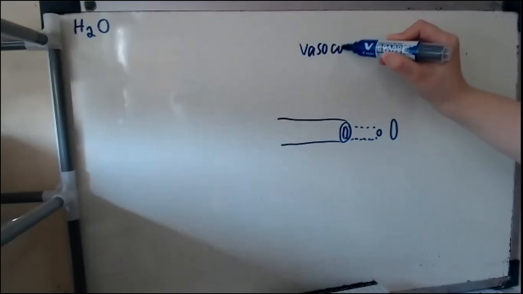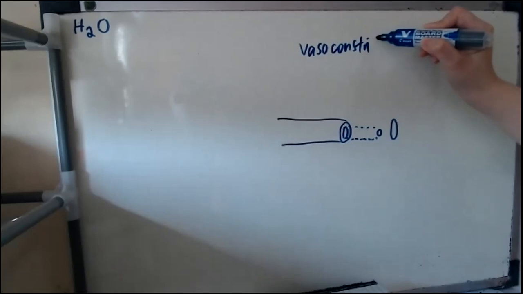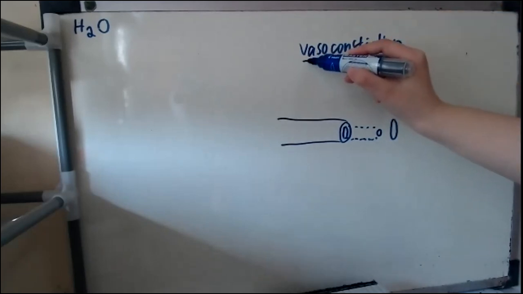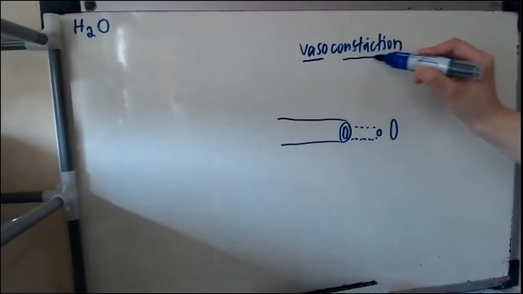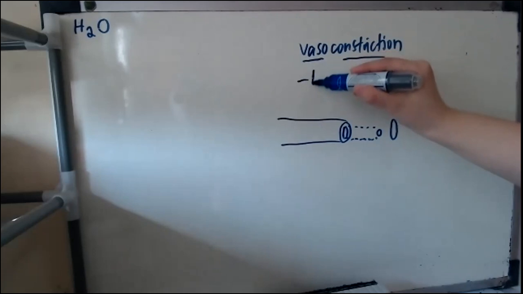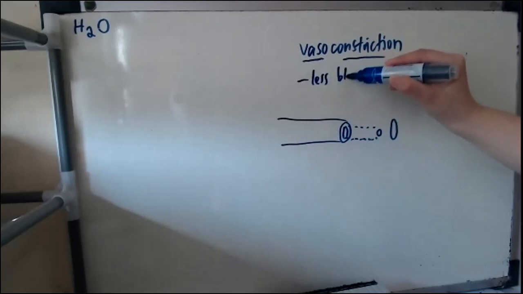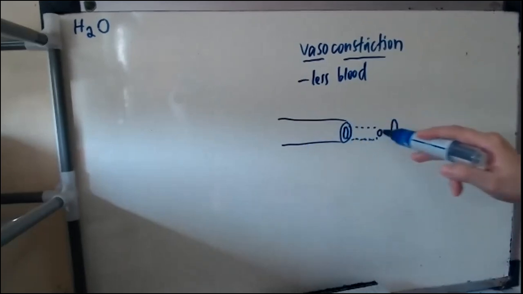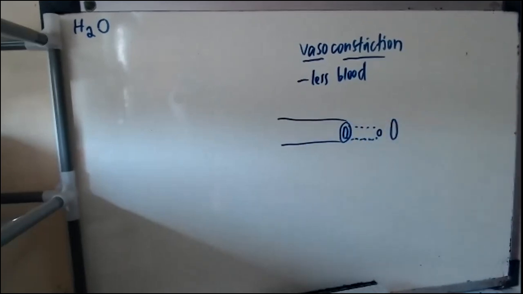So in other words, vasoconstriction. In vasoconstriction, vaso here means the blood vessels. The blood vessel constricts. If the blood vessel constricts, you expect less blood to flow. Less blood will flow through the capillaries.